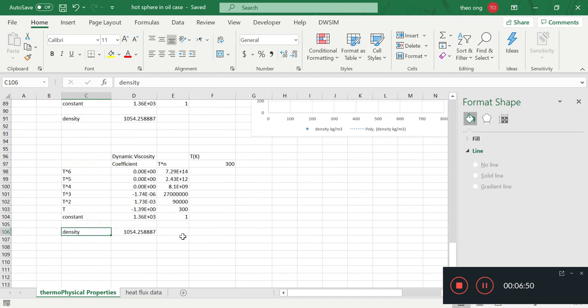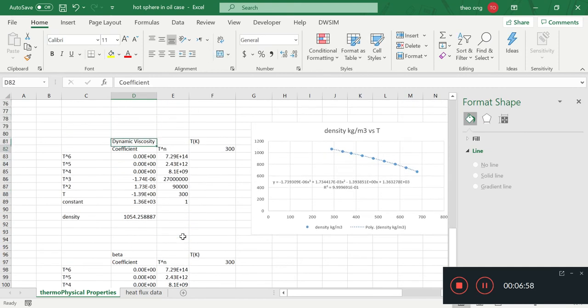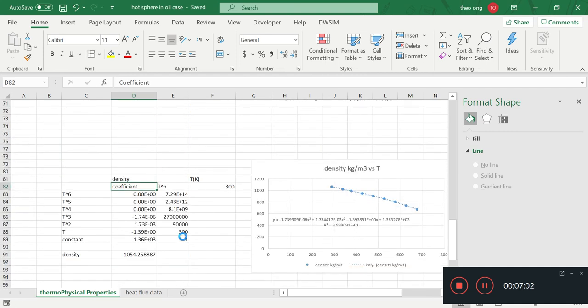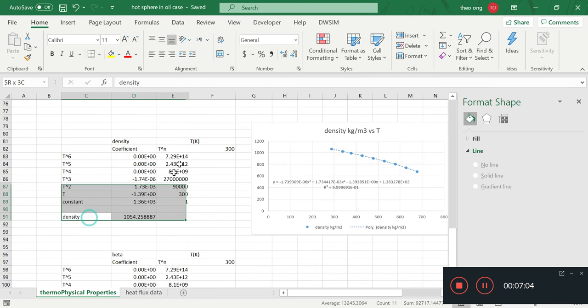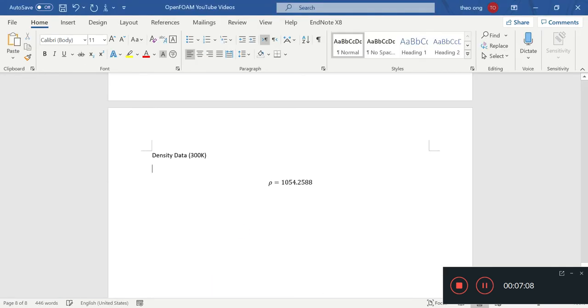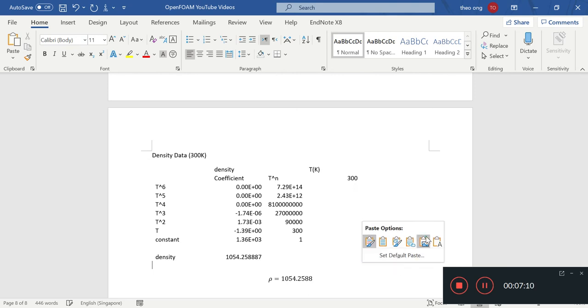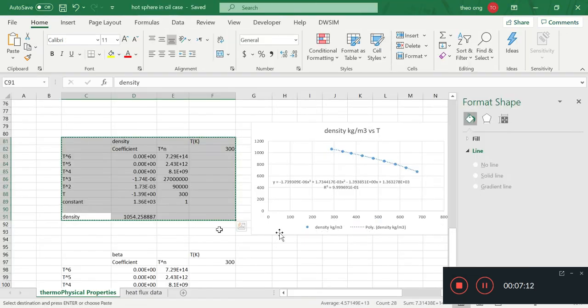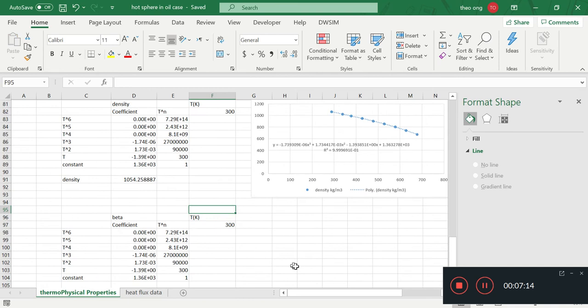Okay, beta. I forgot to change this. Density. And yeah, this should be the right one. Paste this here. It's a little tedious, but yeah.